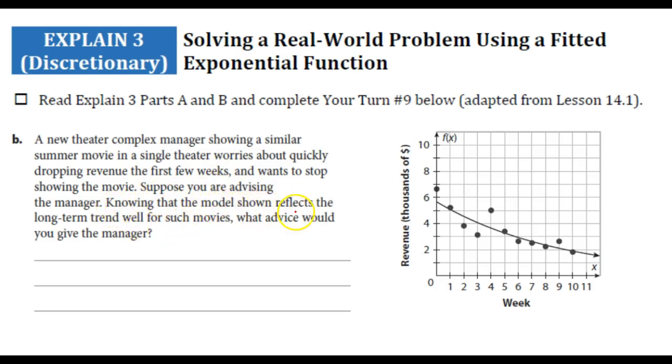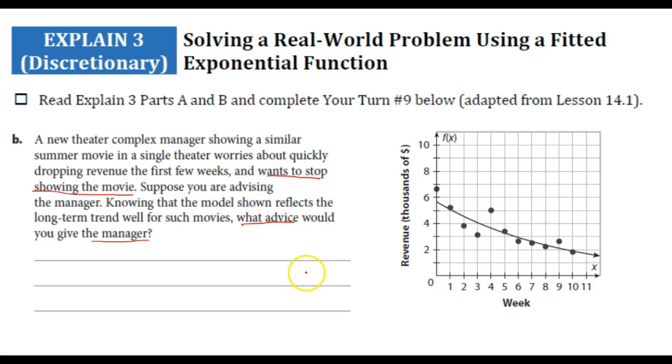Knowing the model shown reflects the long-term trend for such movies, what advice would you give? So if you notice that the viewership and revenue does go down, this is more your opinion, but go ahead and say, what advice would you give to that manager who wants to just altogether stop showing a particular movie? And go ahead and write a statement about that.